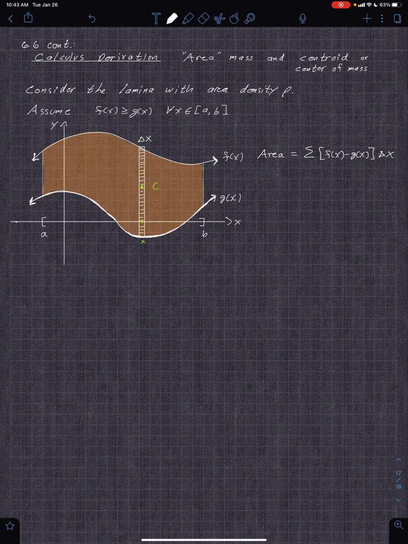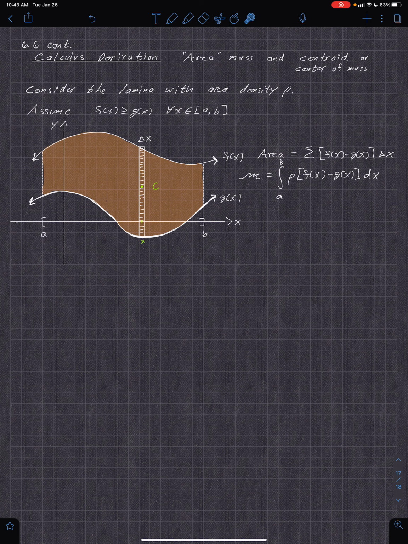So the mass of that is just going to be the sum from a to b of rho times that. You just do rho times area and you get mass. That's your calculation for mass, and if rho is constant, you can factor it out.